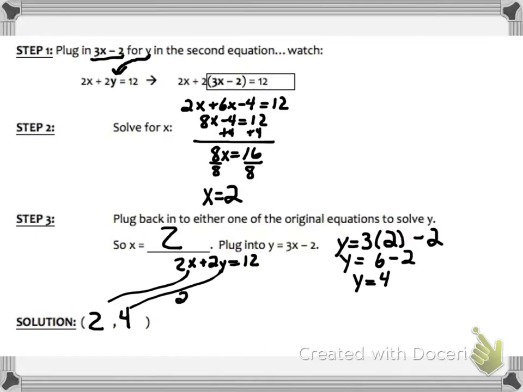I'm going to get 2 times 2 plus 2 times 4. And if this is the correct solution, then this answer should come to 12. 2 and 2 is 4, plus 2 and 4 is 8, and 4 plus 8 should equal 12, which it does. So I have a solution, an ordered pair, that satisfies both equations.